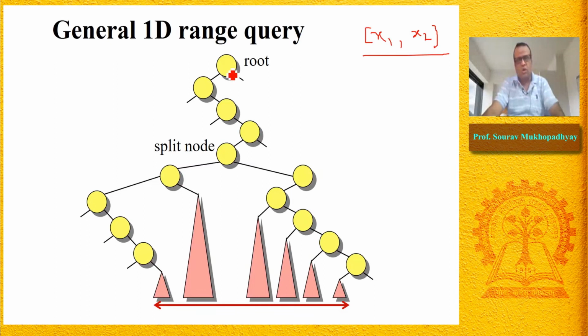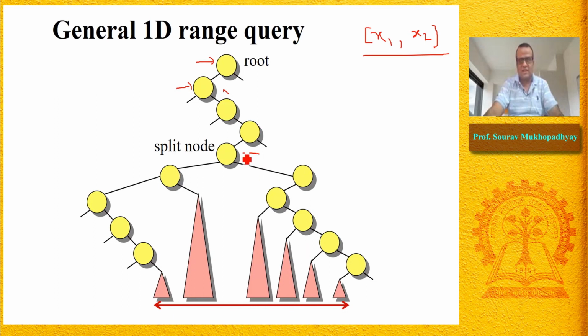So we do the traversal like this. We start with the root and check whether we go left or right. If we go left, then again we check, and then maybe we go right. Then there will be a node where there will be something interesting in the left part, and some points in the right also.